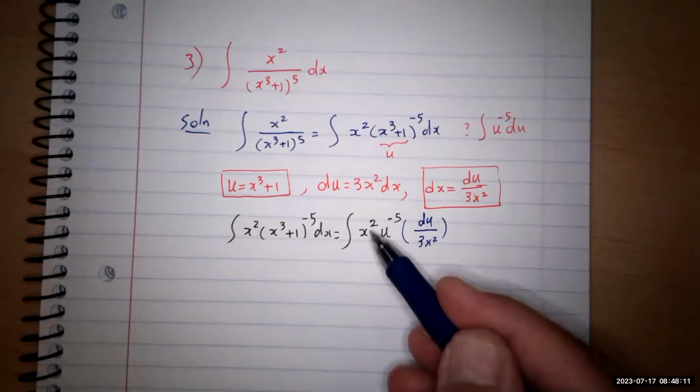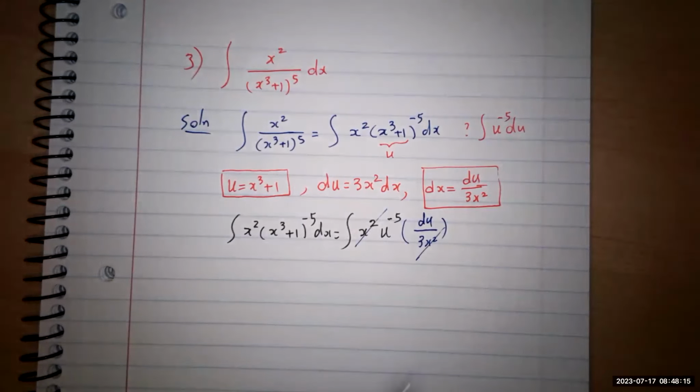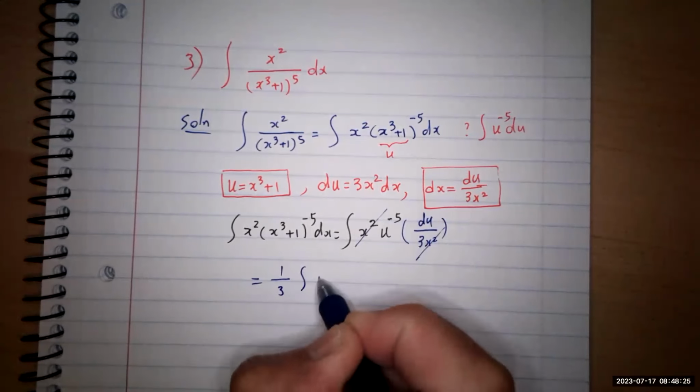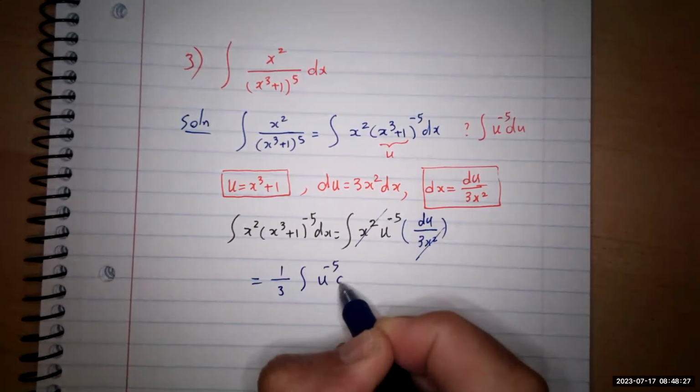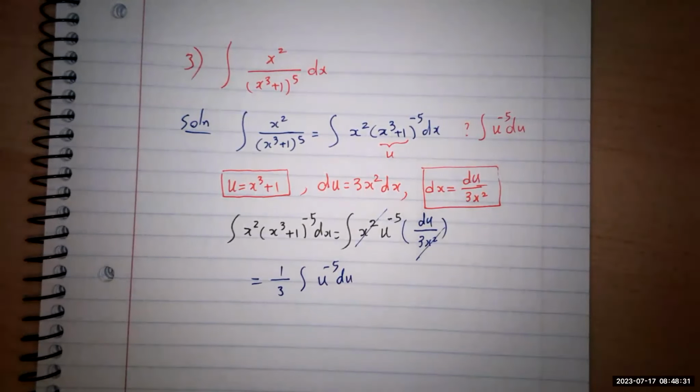Now, x squared and x squared would cancel out. What is the leftover? 1/3. We know that we can put it out. We put it up in front. We do it quickly. So this is going to be 1/3 u to the negative 5 du, the target. You see, the target that you set up here. Any question? So be careful over here.